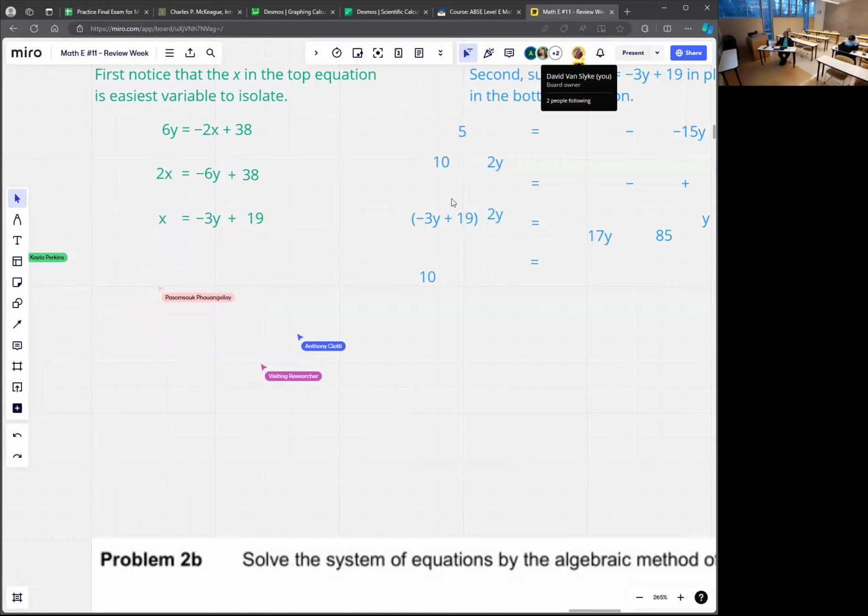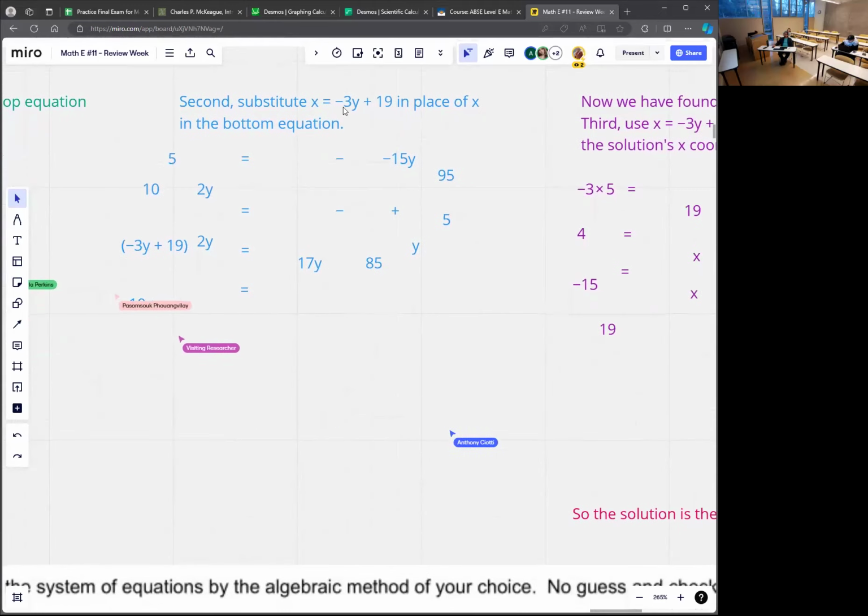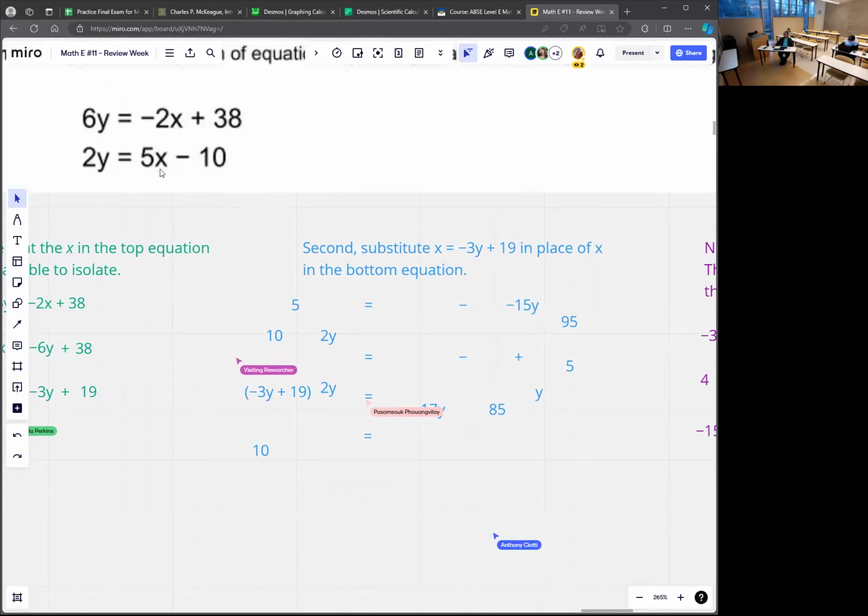Okay, that was part 1. Part 2, we're gonna take that thing we just found, and in the bottom equation, wherever we see an x, we'll put in -3y plus 19.